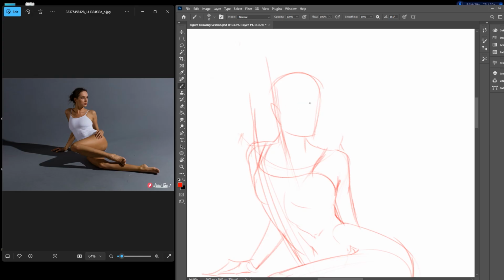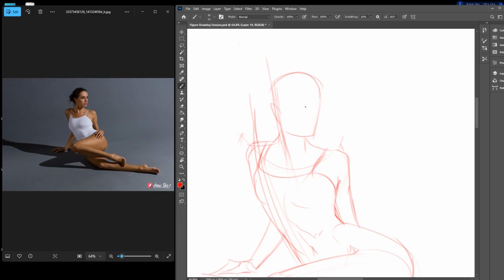And the face is a kind of tricky part of the human body to draw. It's very hard actually. So I recommend doing a lot of portraits, different from figure drawing.